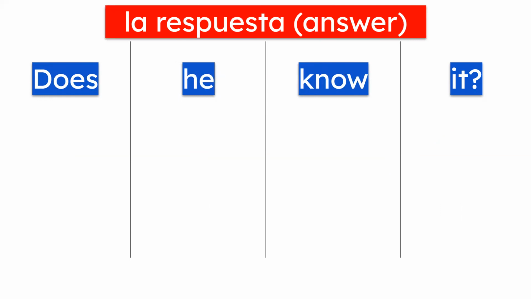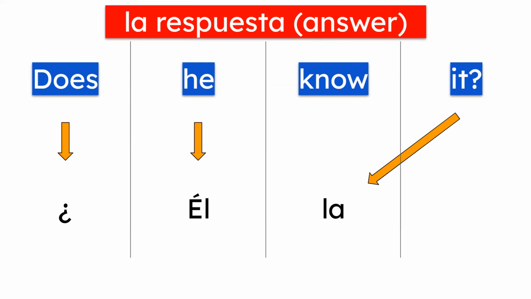Last question. Does he know it? And it is referring to the answer, which is feminine in Spanish. La respuesta. Does he know it? Opening question mark, he, él, it, it's feminine. So that means la, that's right.